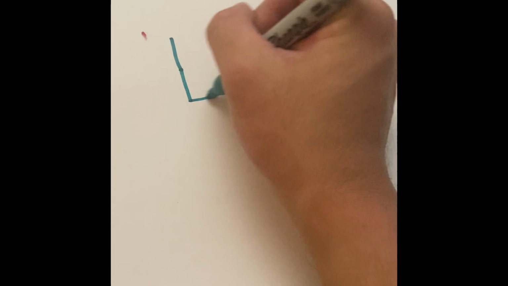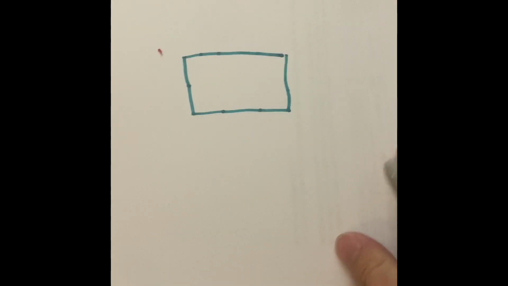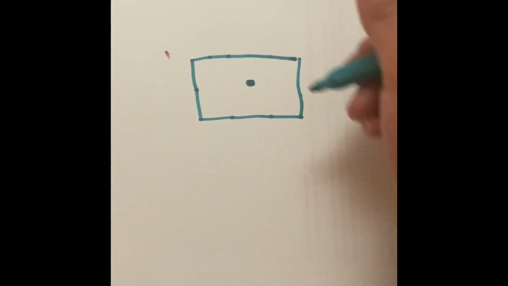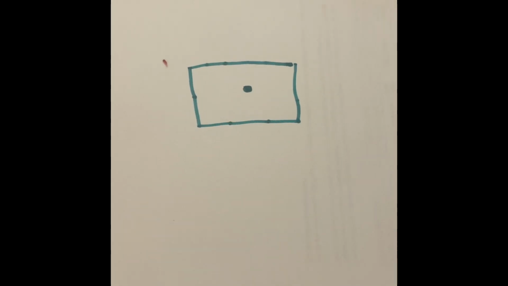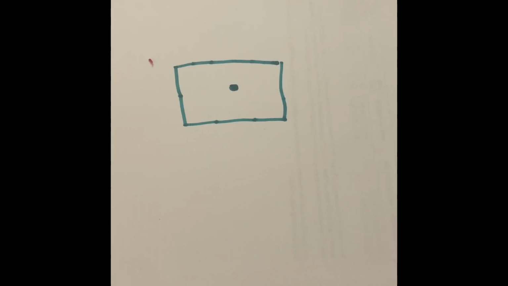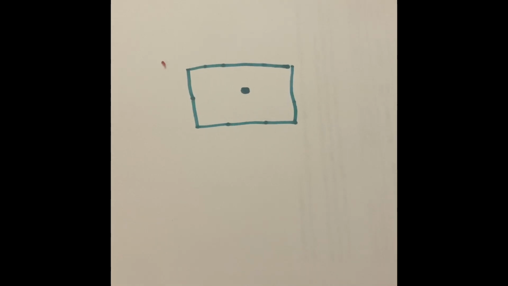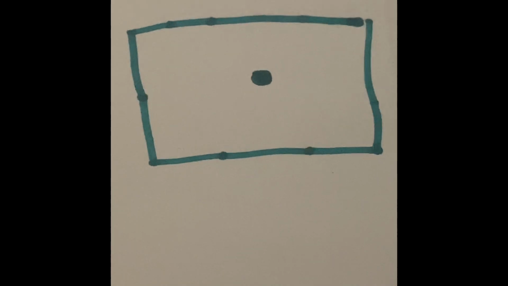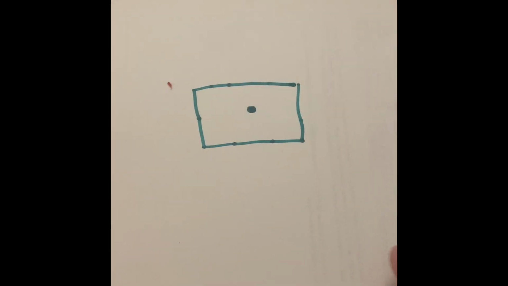So what we're going to do is make a block, mostly a rectangle, and put a little dot in the middle. That explains that there is an object on the piece of paper, and the dot tells us that is the middle of what's going to happen.